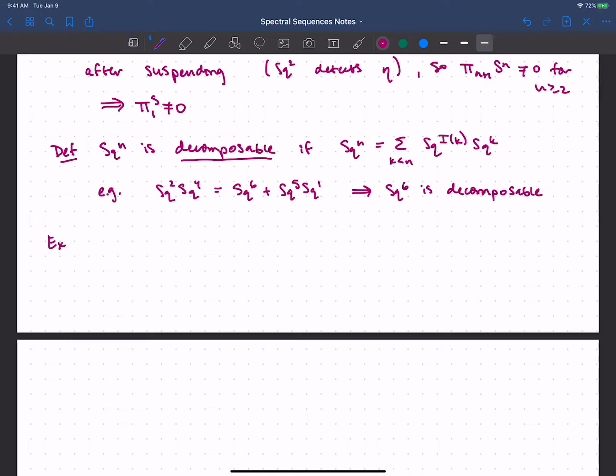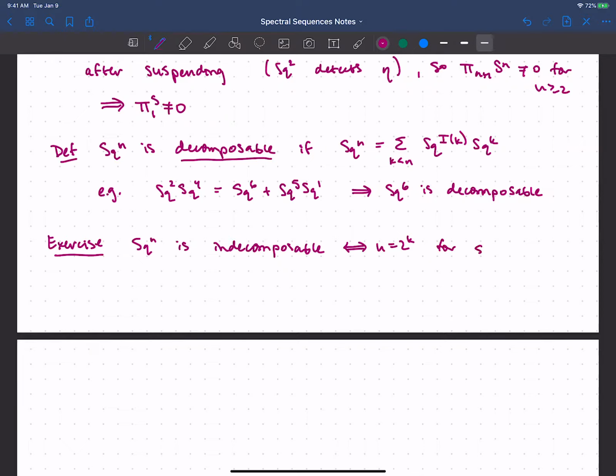Okay, so another good exercise, again, if you haven't thought about this before, or if it's been a while, is that Sq n is indecomposable if and only if n is a power of 2.